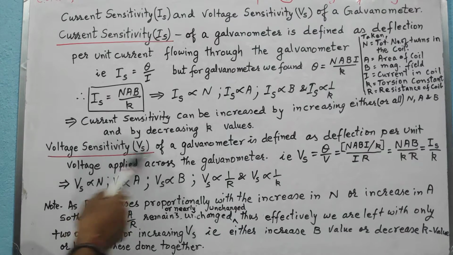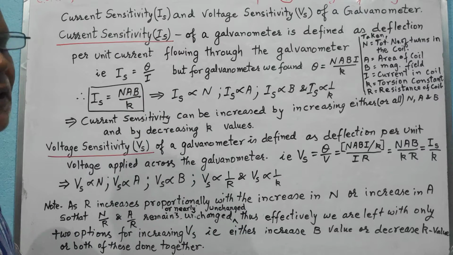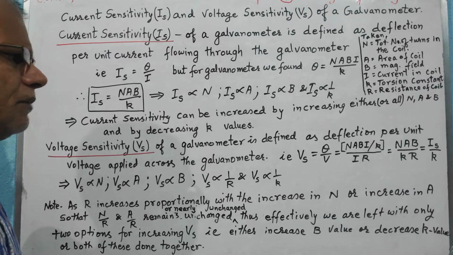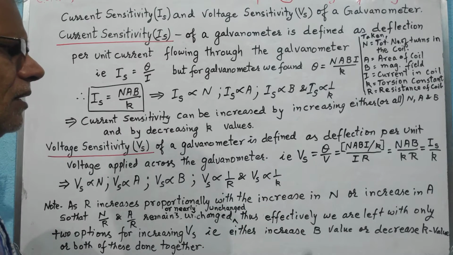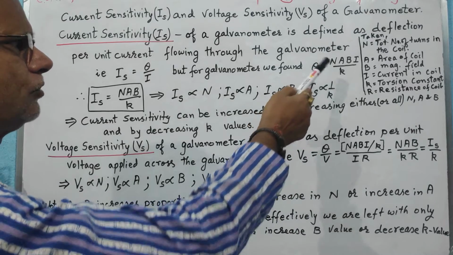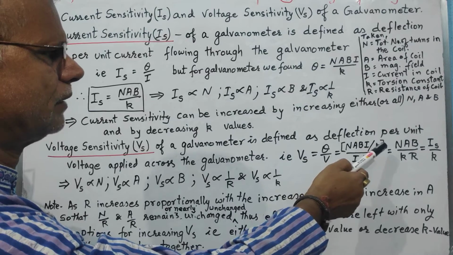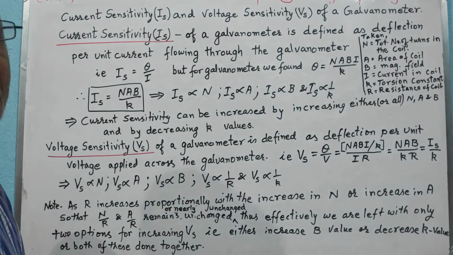Now we talk about voltage sensitivity in the same sense as we have defined the current sensitivity. We define voltage sensitivity as the deflection per unit volt applied across the galvanometer. Since theta is equal to NABI upon K, we place it over there, NABI upon K, divided by V, and for V we can use Ohm's law, V is equal to IR.